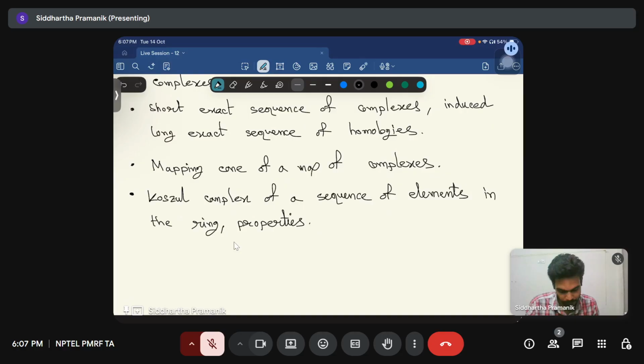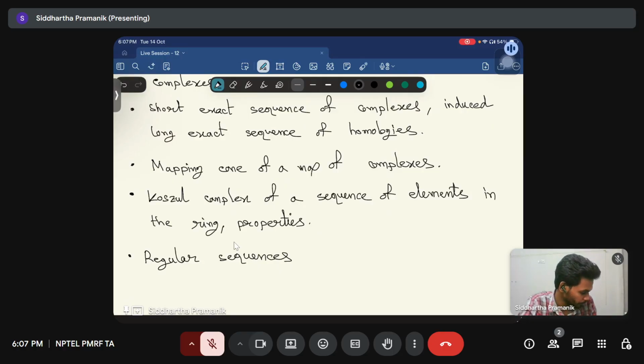One important property is how regular sequences and Koszul complexes are related, or when a sequence is a regular sequence, which can be determined using Koszul complexes. For that, first we have defined what we mean by regular sequences.